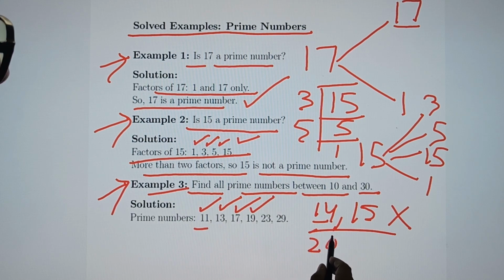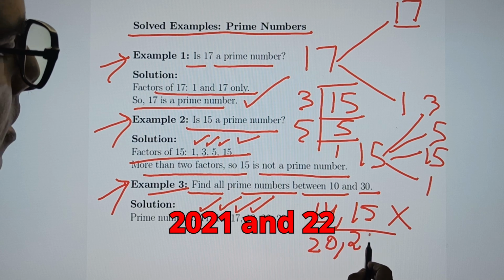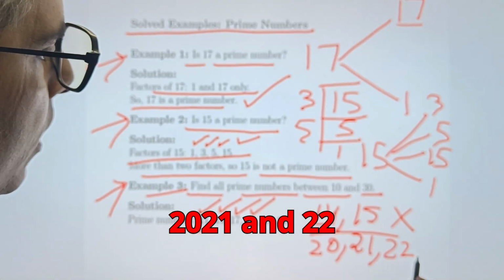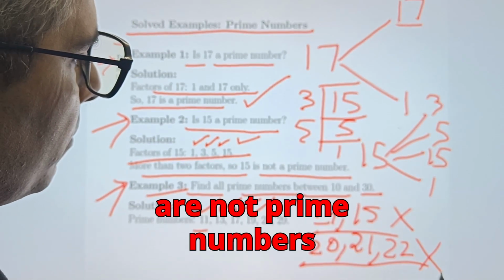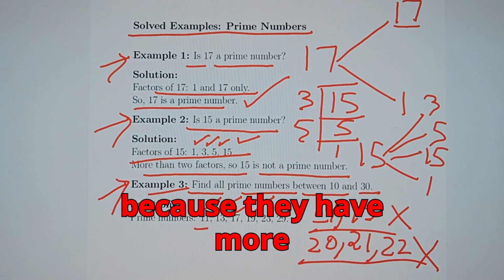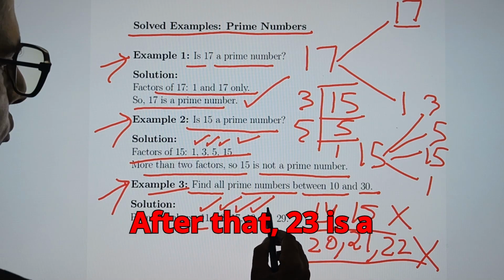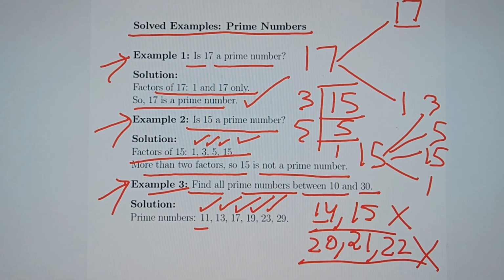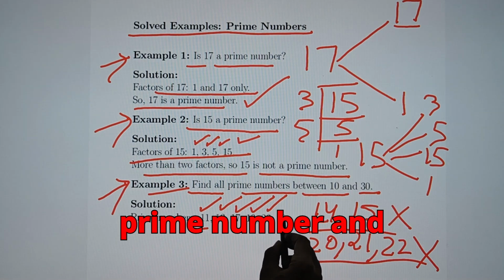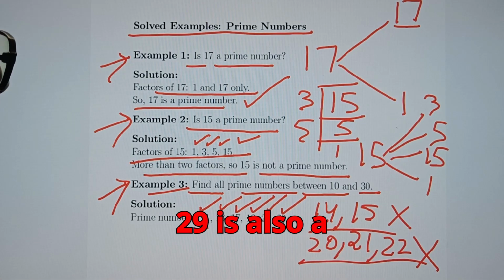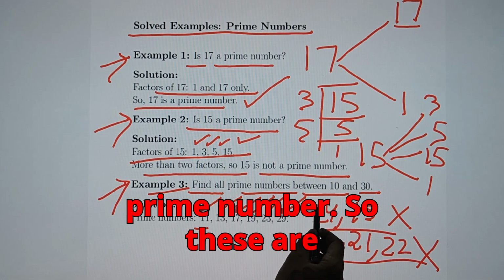After that 20, 21 and 22 are not prime numbers because they have more than 2 factors. After that 23 is a prime number and 29 is also a prime number.